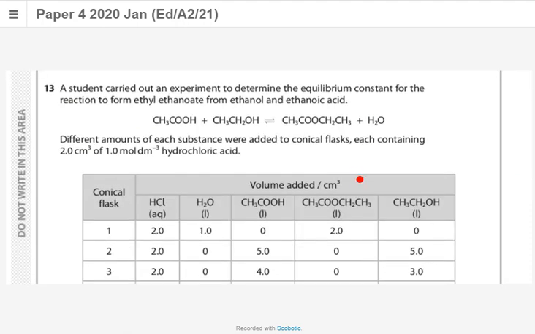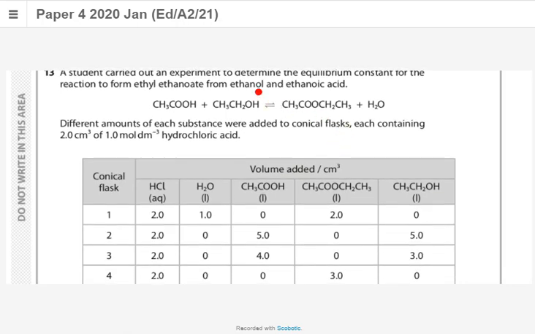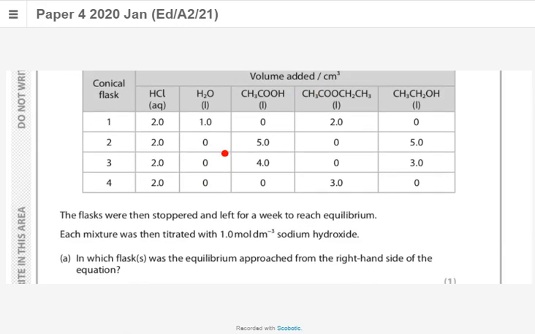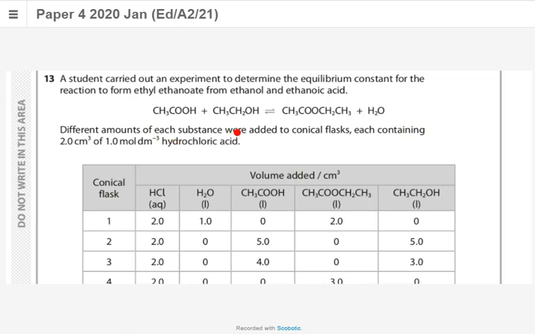A student carries out an experiment to determine the equilibrium constant for the reaction to form ethyl ethanoate from ethanol and ethanoic acid. Different amounts of each substance were added to the conical flask, each containing 2 centimeter cube of 1M hydrochloric acid. Why is hydrochloric acid added here?